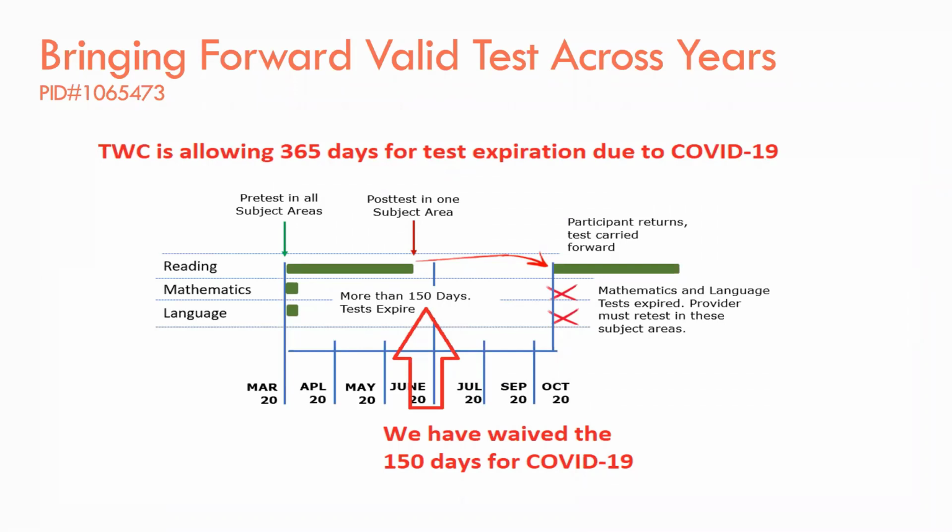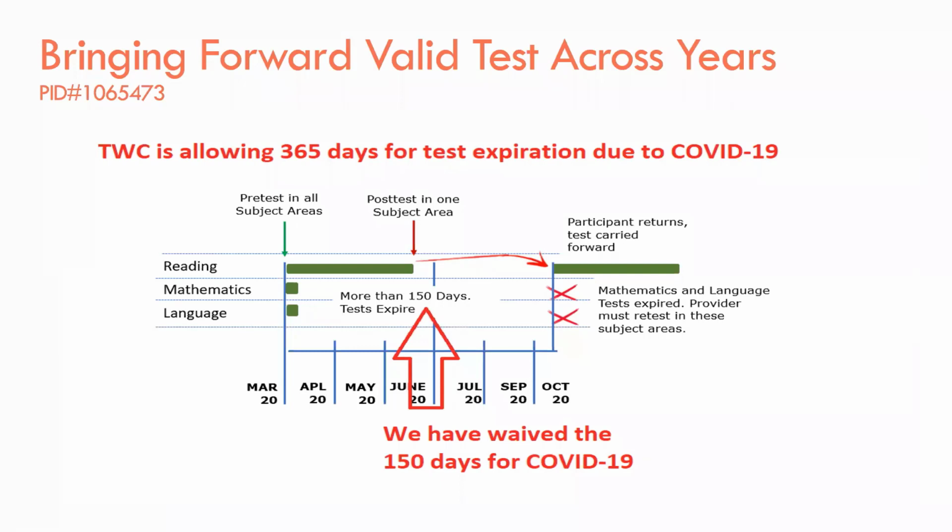If you chose a TABE test, it looks back for any TABE tests within the last 365 days in any content area that it can pull forward to be utilized as an initial test in that content area for that test instrument in the current program year. And if the answer is yes, it pulls that forward.